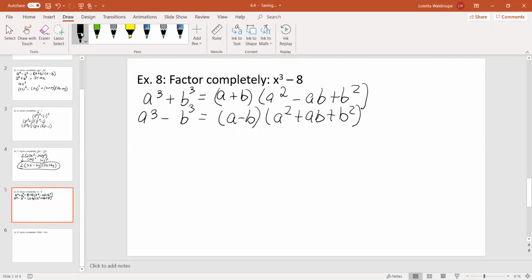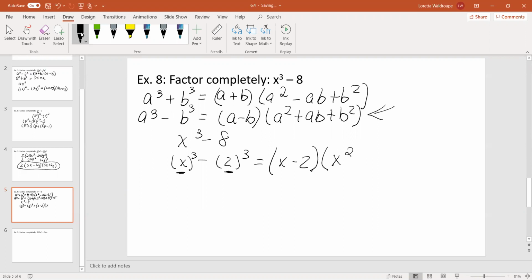So just like on the perfect squares, what do I cube to get x cubed? I cube x. What do I cube to get 8? I cube 2. This x is my A, 2 is my B. So x minus 2, following this formula right here, the first term squared, the first times the second, and the second squared.